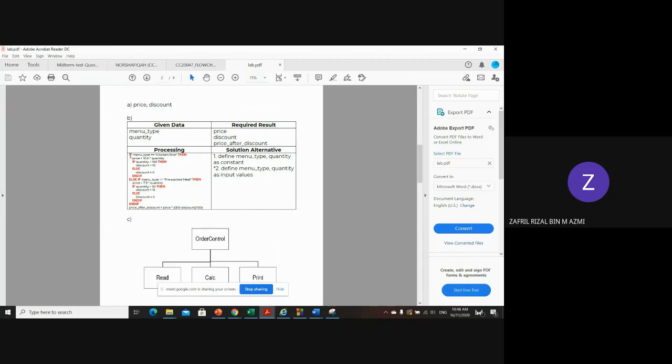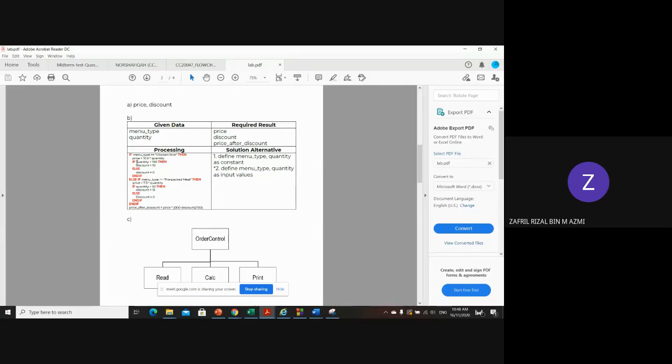So there are two versions of the answer. If you are using the and symbol, you combine both: menu type equal chicken and quantity correct. But if it is me, I prefer this version, but the first one is also correct. No worries.